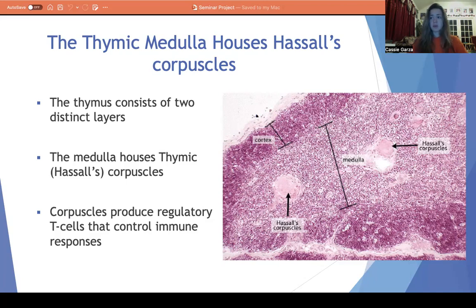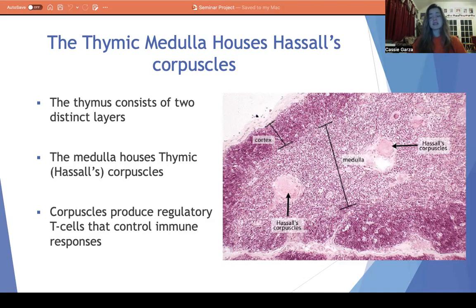The important things for you to know about corpuscles is, like I just said, they program regulatory T cells, and also that they develop in three different stages. The third stage is corpuscles that are fully developed and have full function.